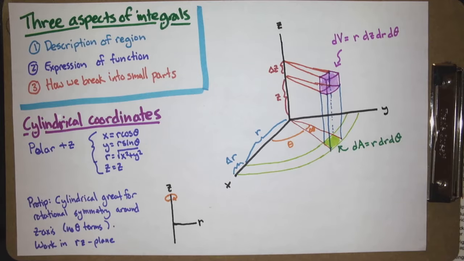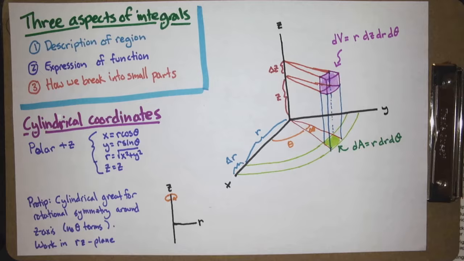Now, what is cylindrical good for? Cylindrical is wonderful any time you have rotational symmetry around the z-axis. If you've got something that spins around the z-axis and the shape is maintained, it's perfect for cylindrical. It's what it was made for. Now, how do you know? If you describe something and there are no theta terms, that means you've got that rotational symmetry.